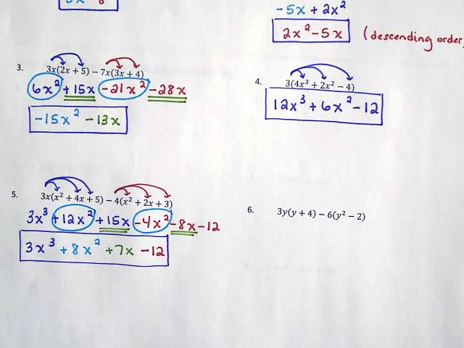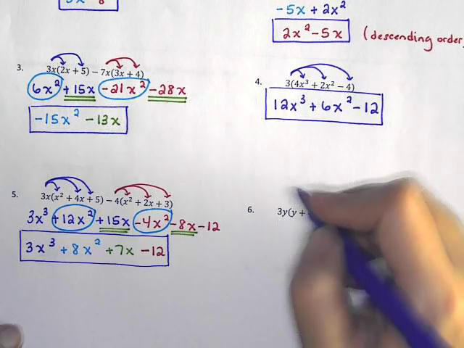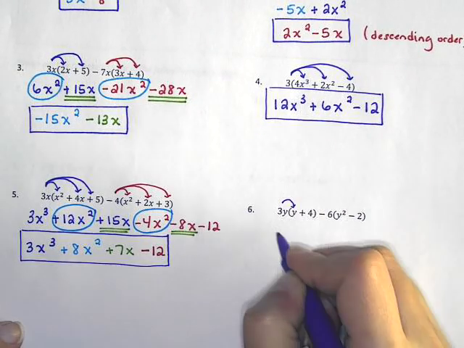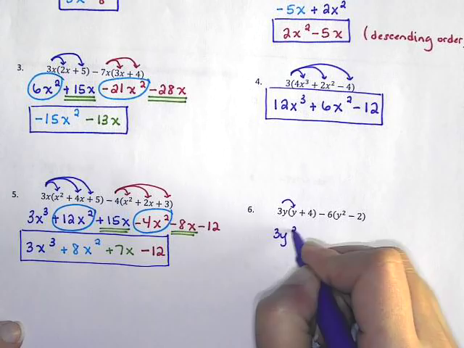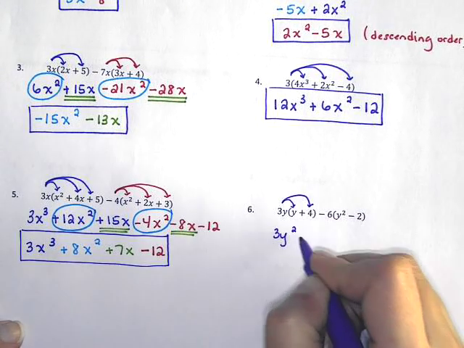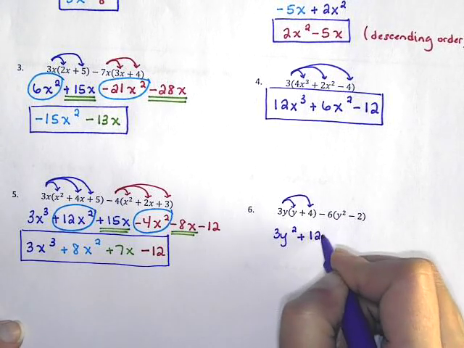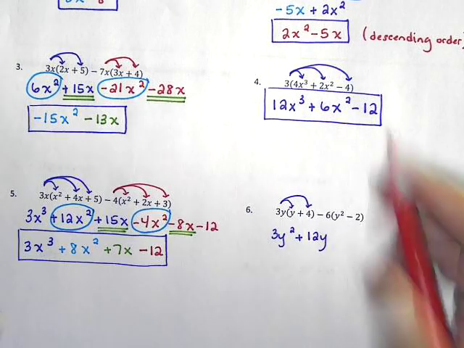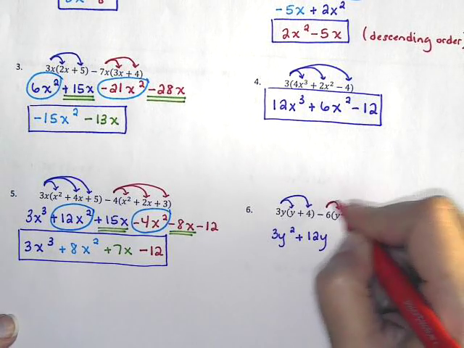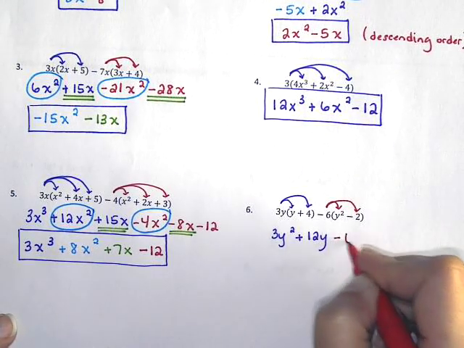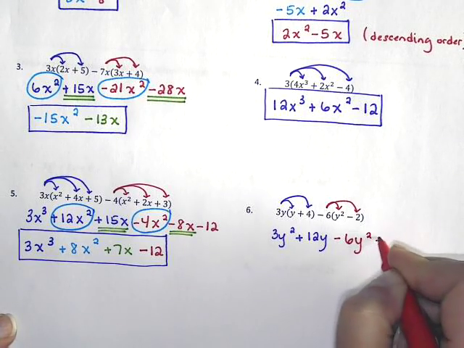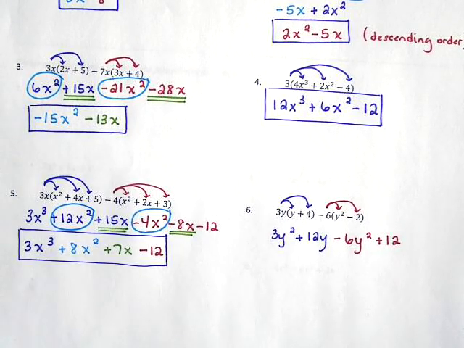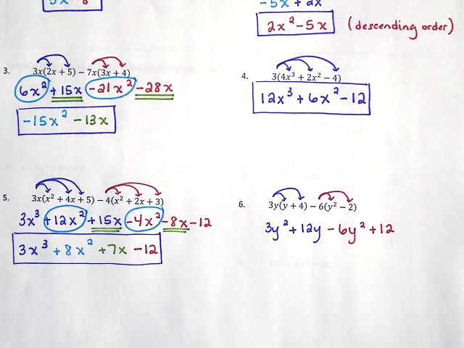For problem number 6, we're going to go ahead and distribute. So I'm going to have 3y times another y, which is 3y squared, and 3y times 4, which is 12y. Then I'm going to distribute the negative 6. So I'm going to have negative 6y squared plus 12. Lastly, I'm going to combine like terms.